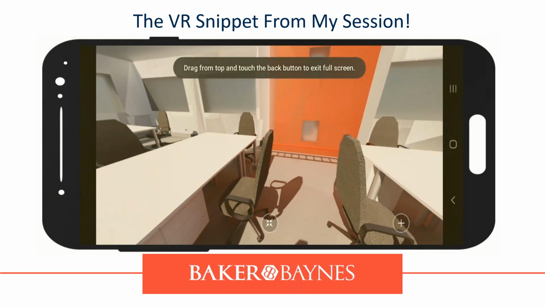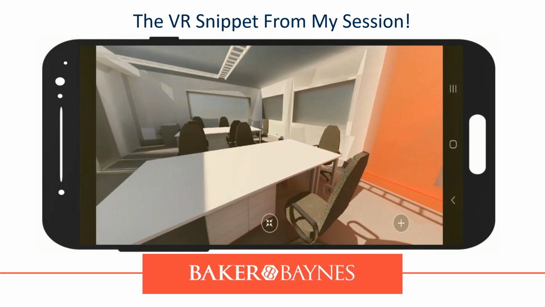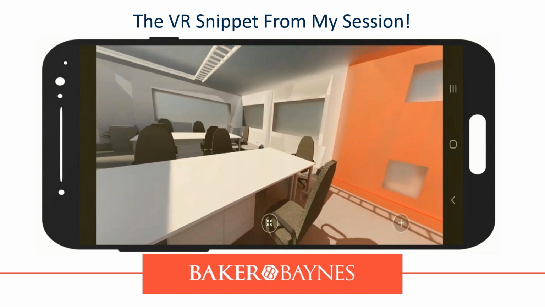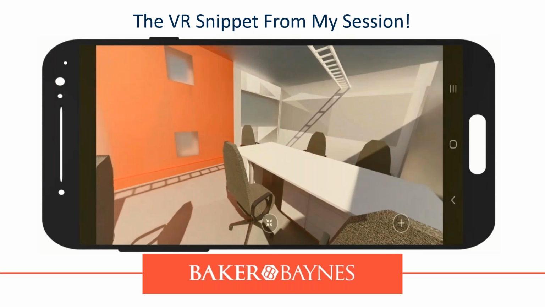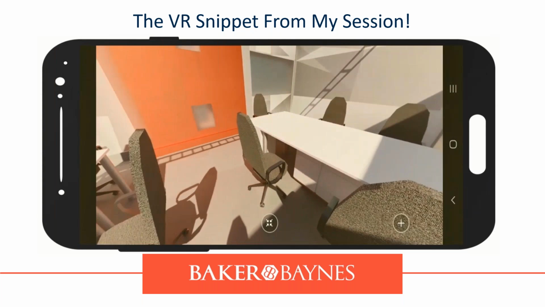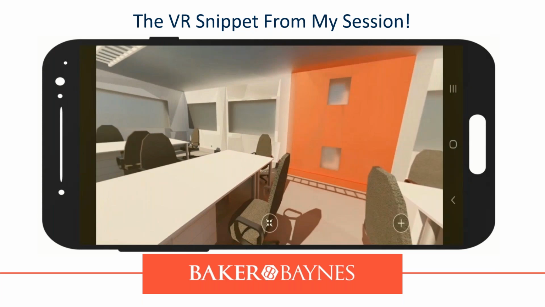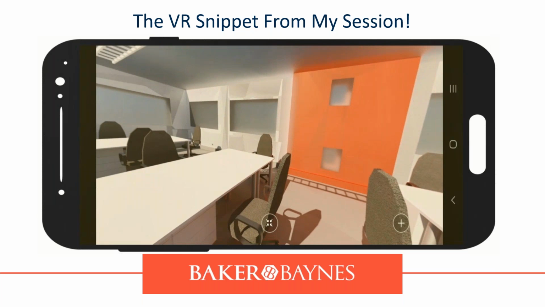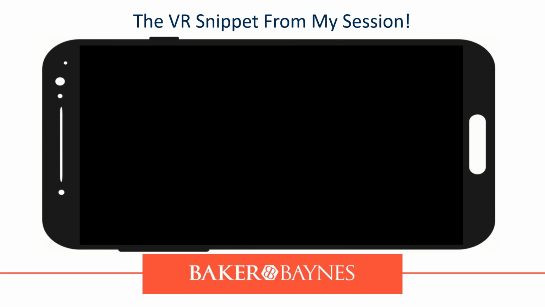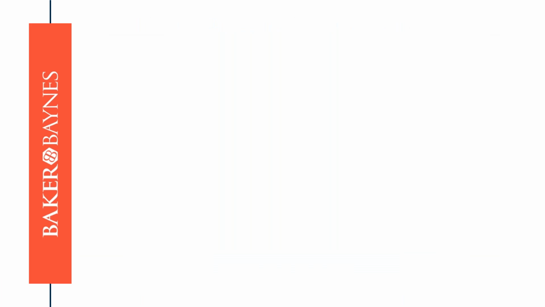So if you join my session, that QR code is readily available, so you can go and scan it on your own phone and play around with it. A lot of people appreciated this. They did not know you could do this in a session, and the comments were just phenomenal. So please go have a look at it if you haven't. It's widely available. You can just search my name, or you can search scan to BIM. It will definitely pop up.